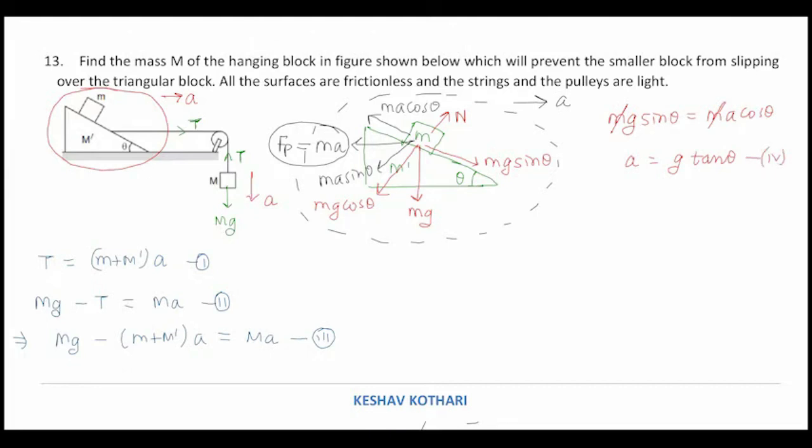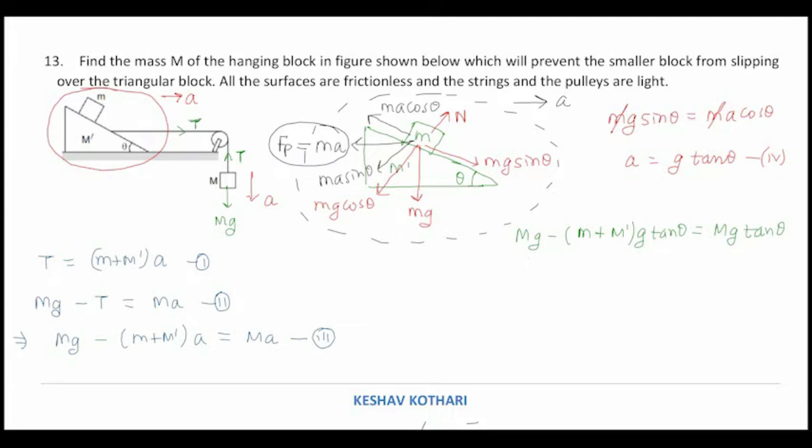So if I put the value of acceleration in the third equation, from here we are looking for the value of capital M. Putting it in the third equation, we get capital Mg minus (small m plus m dash) into A, where A can be written as g tan theta, is equal to capital M A. So we obtain an equation like this.